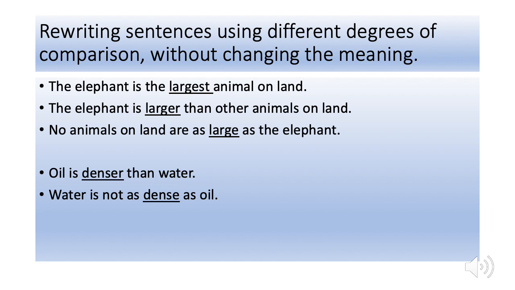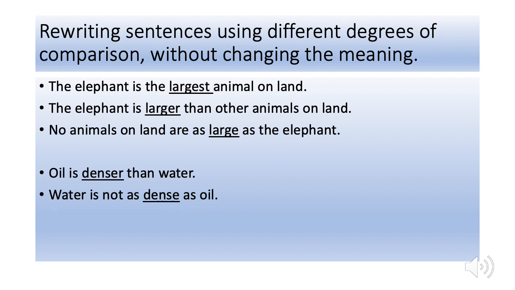No animals on land are as large as the elephant. So superlative is the biggest, and from that you come down to the smallest. You're now talking about the other animals. No animals on land are as large as the elephant. The elephant is still being compared to the other animals, but you have used it in the positive degree. Please keep trying to frame sentences. I'll be giving this to you as an exercise soon.